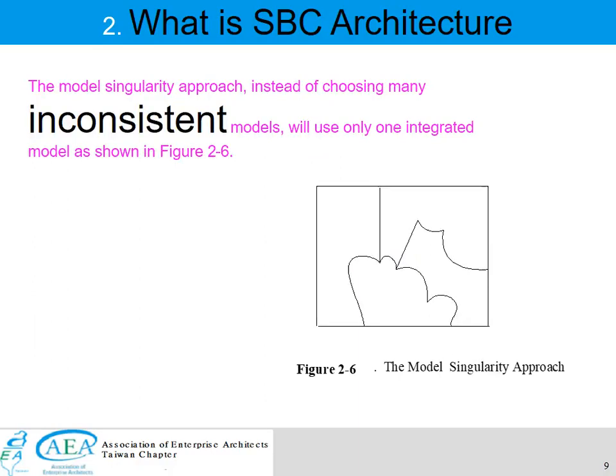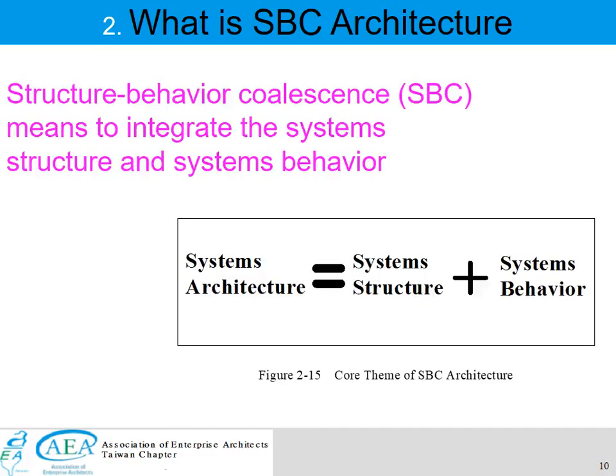The second approach, called model singularity approach, instead of choosing many inconsistent models, the single model approach will use only one integrated model, as shown in Figure 2-6. Structural behavior correlations, SBC, mean to integrate the system structure and system behavior altogether.